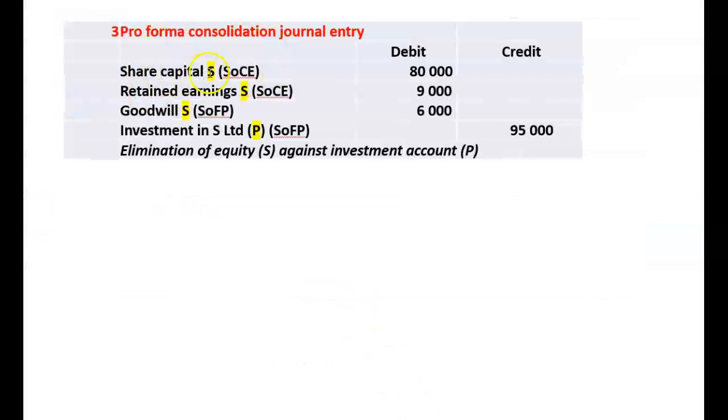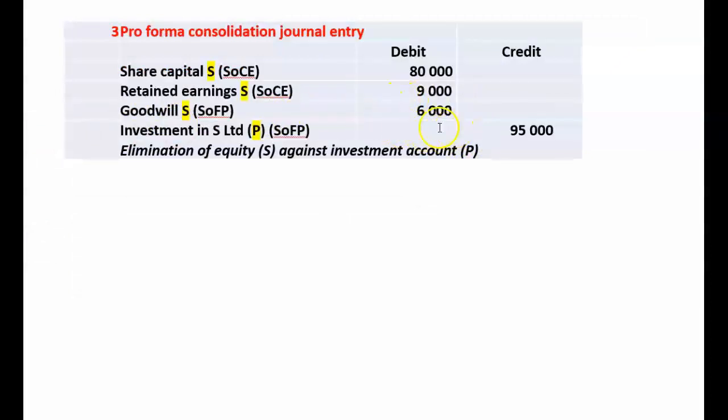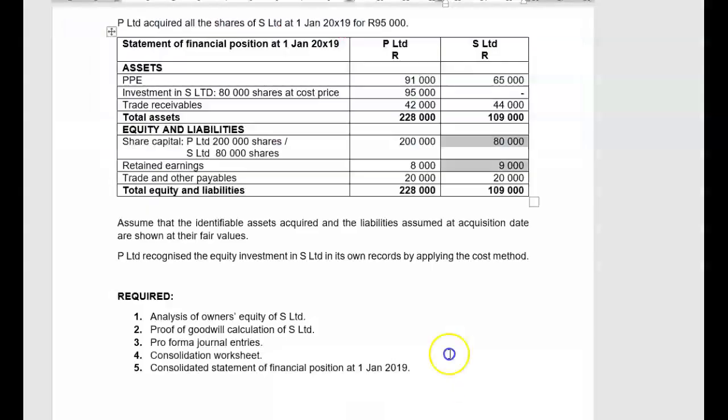So share capital, statement of changes in equity, debit 80,000, retained earnings, statement of changes in equity in S, 9,000, goodwill, which refers back to our goodwill calculation of 6,000. So we're going to debit goodwill, S statement of financial position, 6,000, and credit investment in S in P's books. Now we're going to take that out, the total value of the investment of 95,000 Rand.